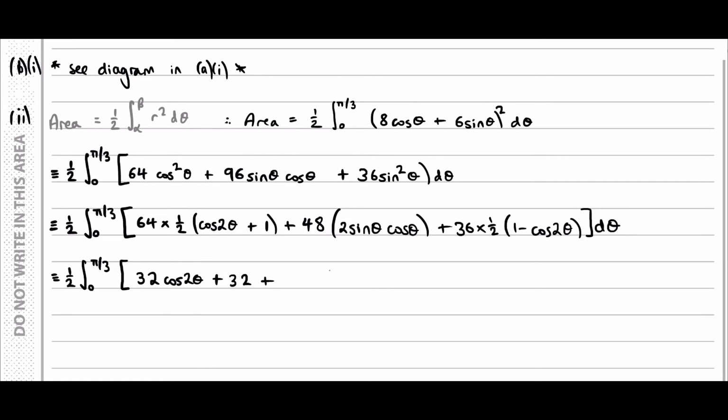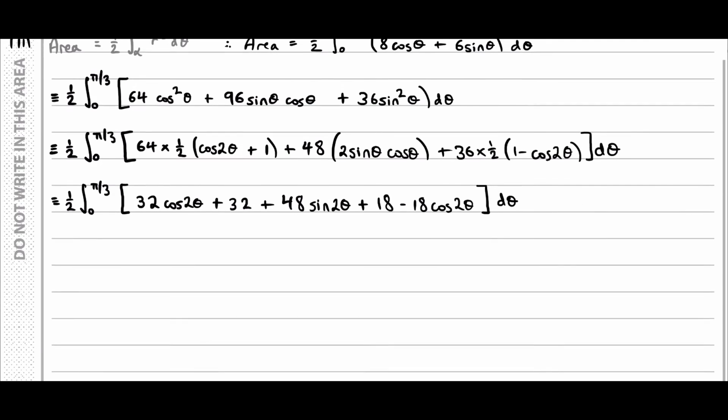And then here we have 48 times 2 sine theta cos theta, that's sine 2 theta. And then here 36 times a half, that's 18. So we have 18 times 1, and then 18 times minus cos 2 theta, that's minus 18 cos 2 theta d theta.